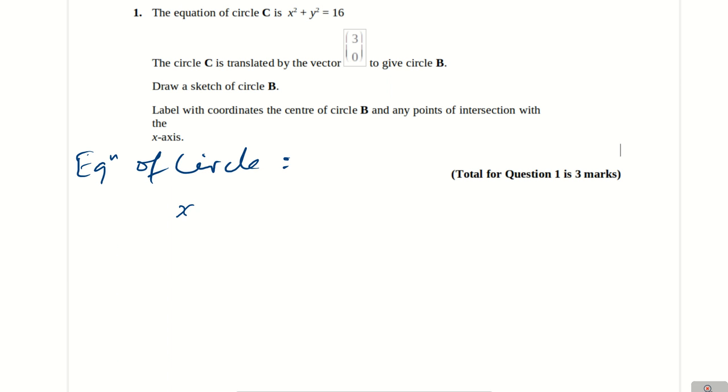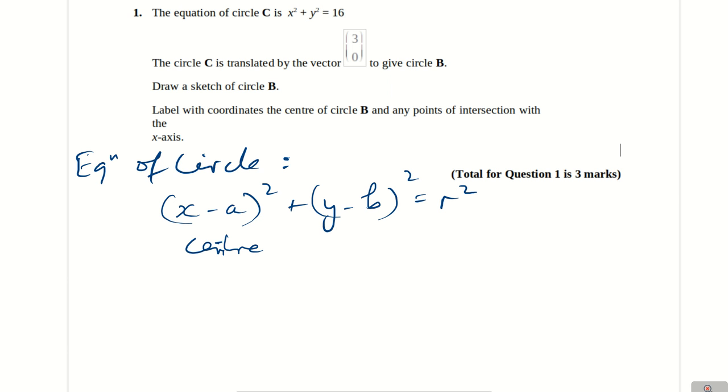So in general, an equation of a circle will look like this: x minus a all squared plus y minus b all squared equals r squared. And from that equation we can say that the centre of the circle will be just the point A, B, and the radius will be r. Now in our case here we've got this equation, x squared plus y squared equals 16.